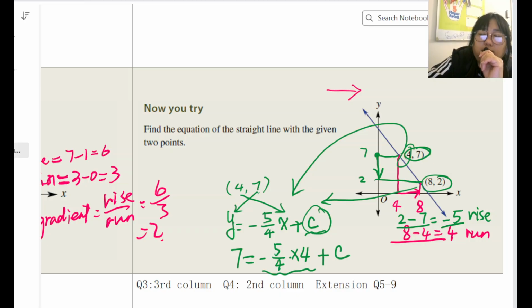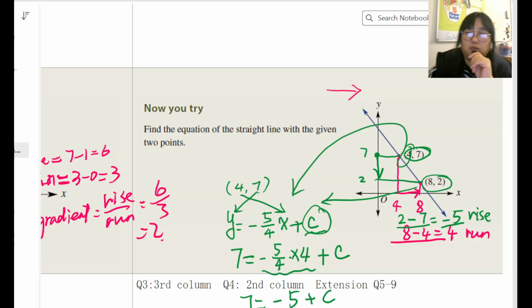Then multiplying, the product is -5 plus c, so c is 12. Then I got the equation y equals negative 5 over 4 x plus 12.